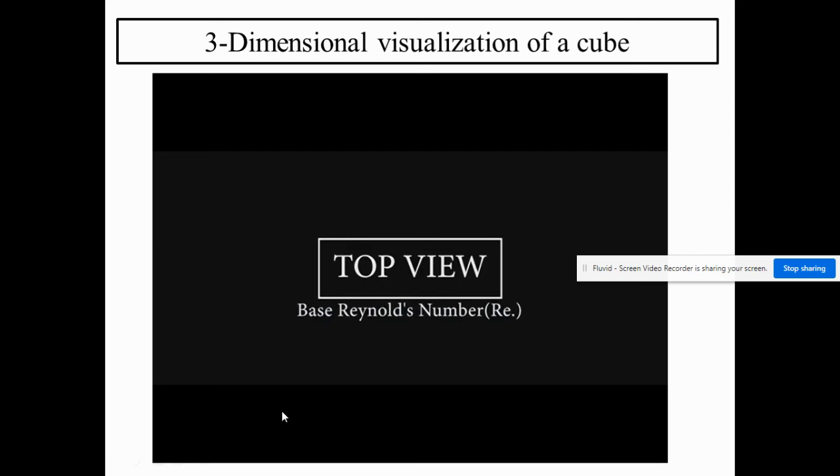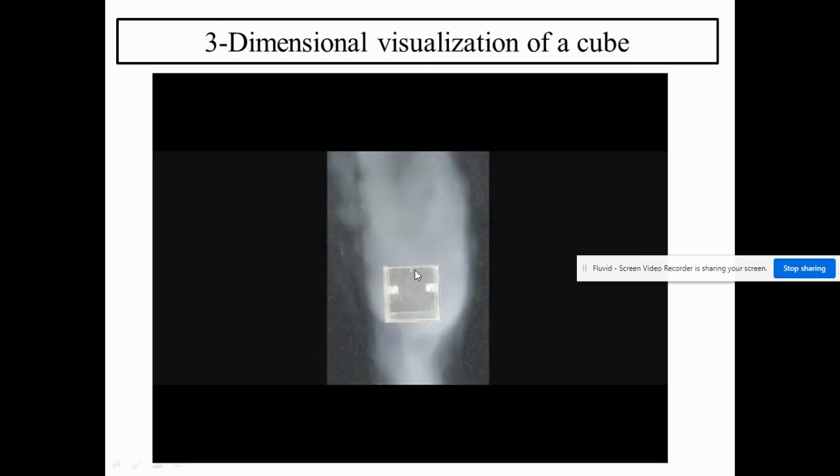So this is the top view of the model. You can see both the vortices coming up at both the edges, shedding of vortices. This is a wake region. There's a severe stagnation at the top of the cube. This is a simple cube.